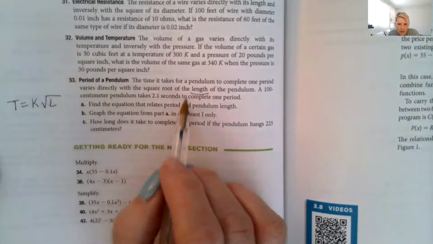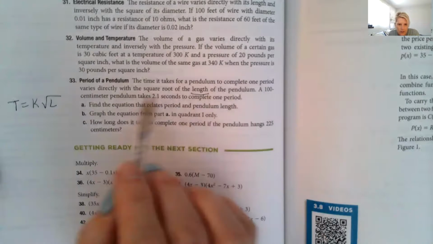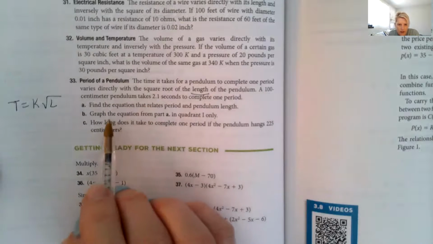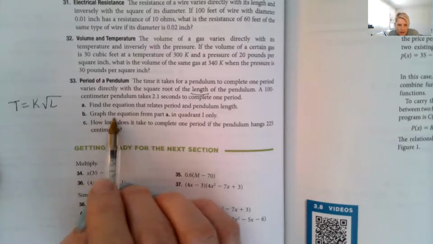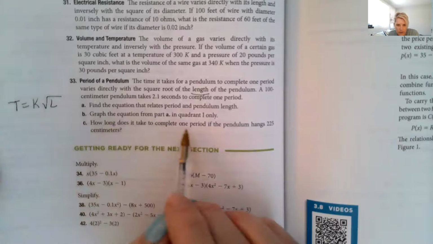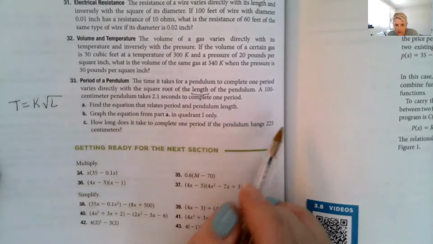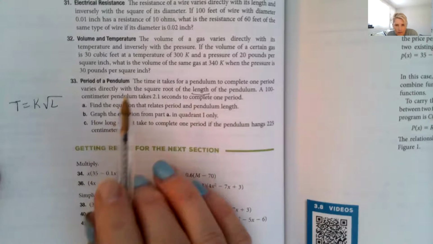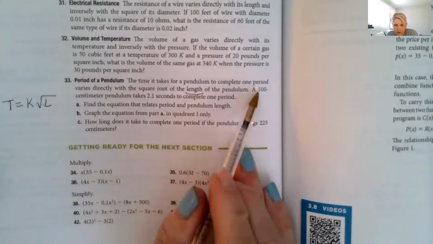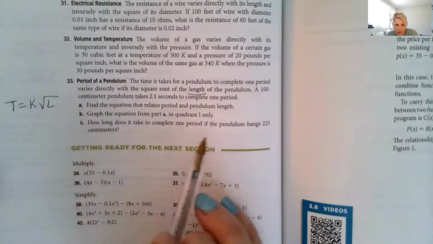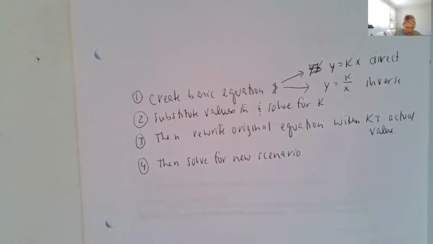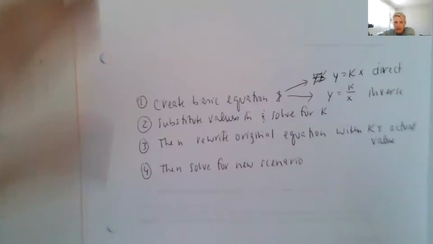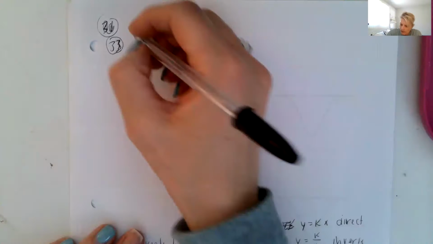So first we're going to find the equation by substituting in 100 and 2.3 seconds. Then it's asking us to graph this. How long does it take to complete one period if the pendulum hangs 225 centimeters? Let's make sure our original 100 is in centimeters, so we don't have to worry about any unit exchange.